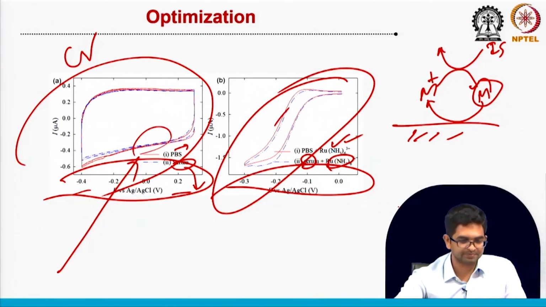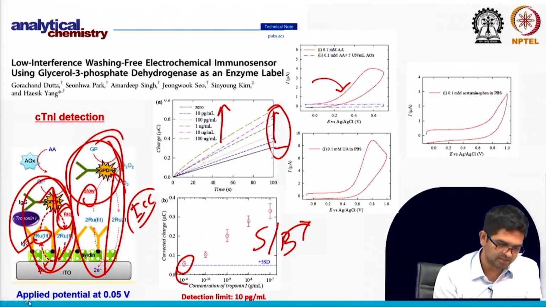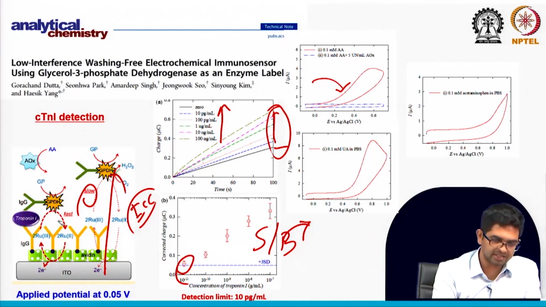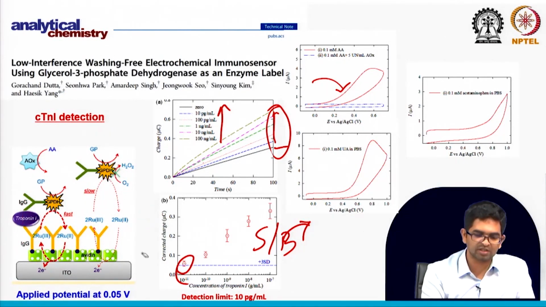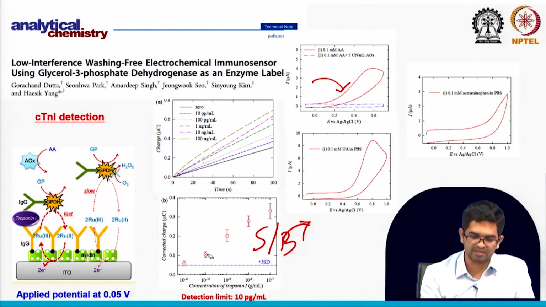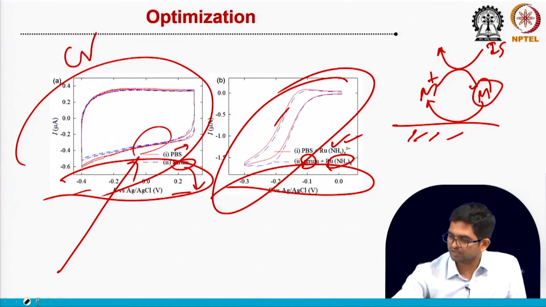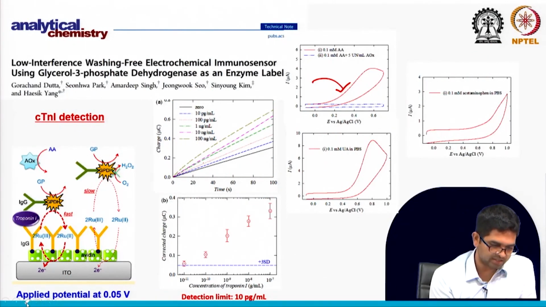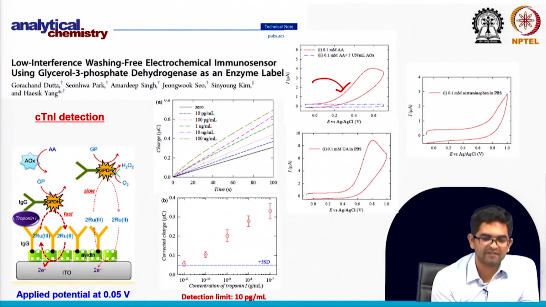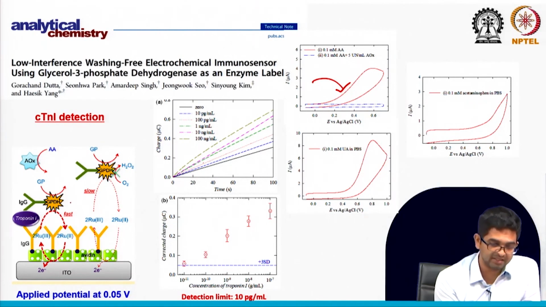So if you go back to this biosensor, at first you have to select the chemicals, right? This is called a control experiment for optimization of the potential. You can see this is your actual biosensor. In this biosensor, if you have signal, it means your GPDH, GP, and ruthenium are all the chemicals present.